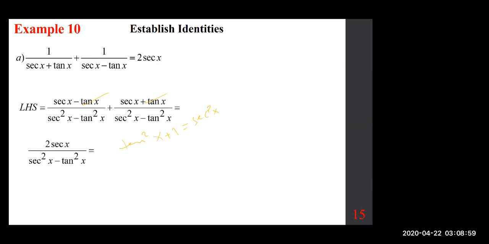So tan squared x plus 1 equals secant squared x. Everybody agrees with that? Yes or no? So what is secant squared minus tan squared? Anyone? That's equal to 1. And that's equal to the right-hand side.